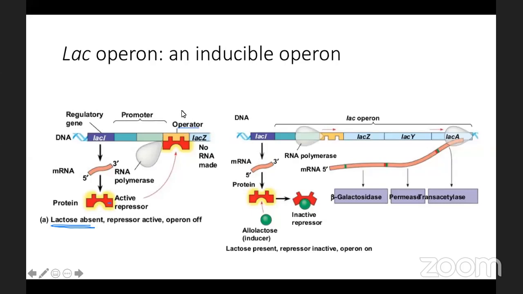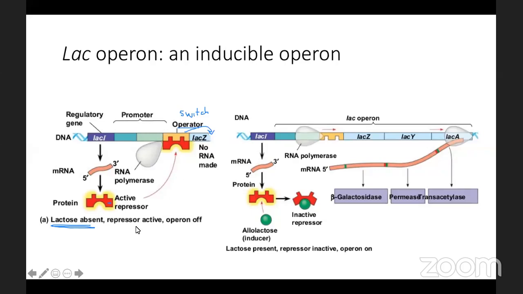The operator you can think of as the switch. The switch turns on LacZ, LacY, and LacA, which allows for transcription of RNA and then translation of enzymes. So without lactose present, the switch is turned off because the repressor binds to the operator.